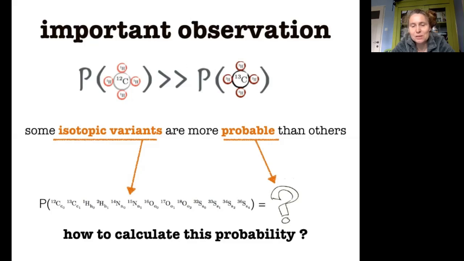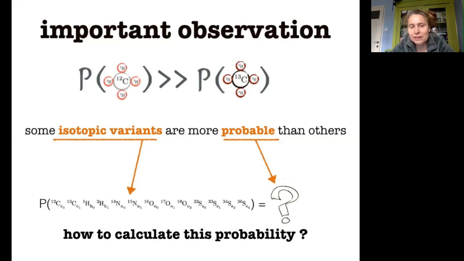So now our idea is to simulate this distribution efficiently. Of course you can analyze the real data, but quite often you want to have an algorithm to simulate the spectrum for a given molecule. The first important observation is that the probability of a specific isotopologue differs.